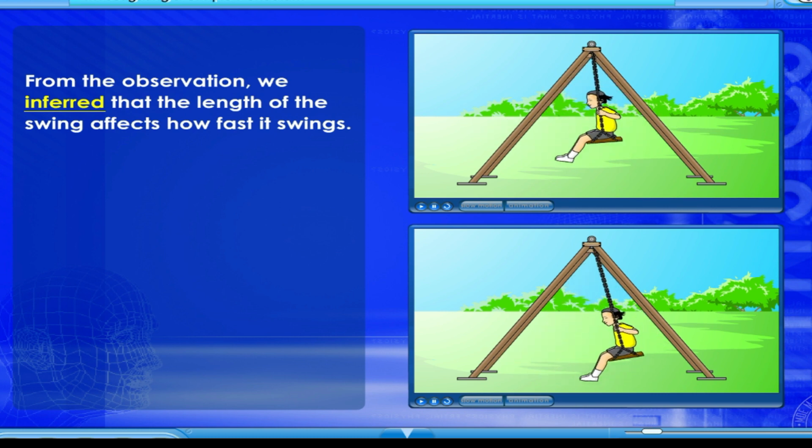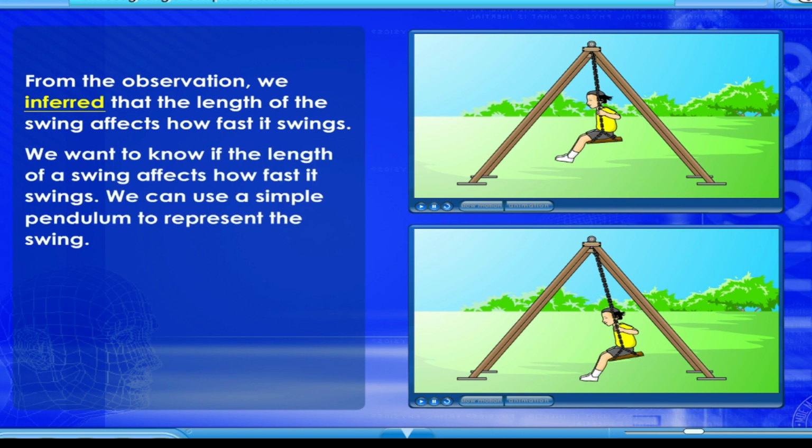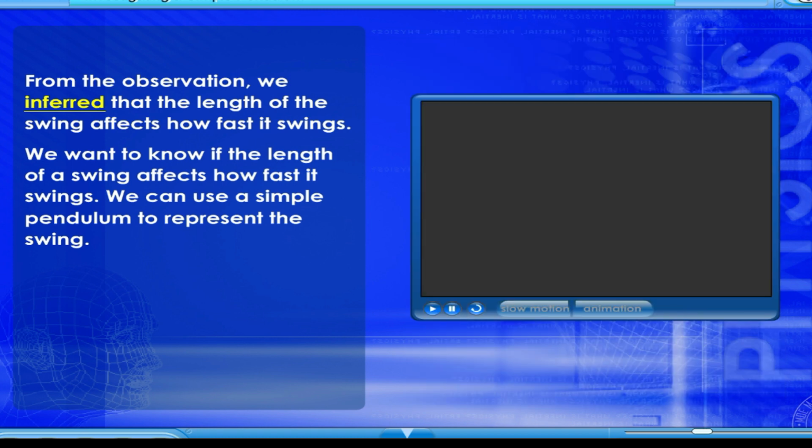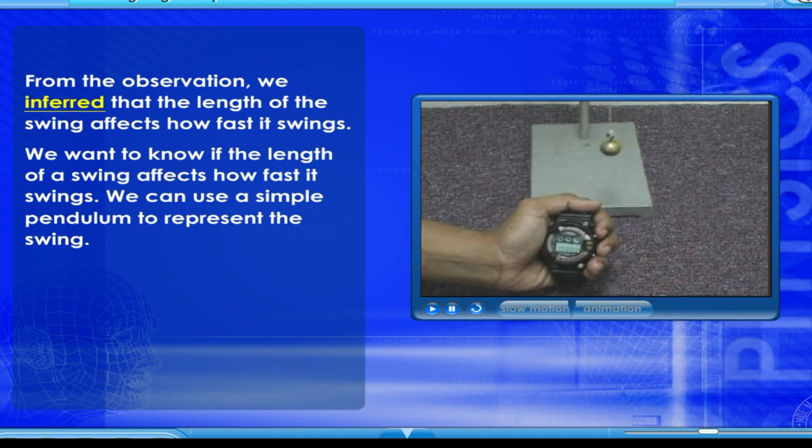We can carry out an experiment to find out if this statement is true. To test this, you need something to represent the swing. You need to design an experiment. We want to know if the length of a swing affects how fast it swings. We can use a simple pendulum to represent the swing.